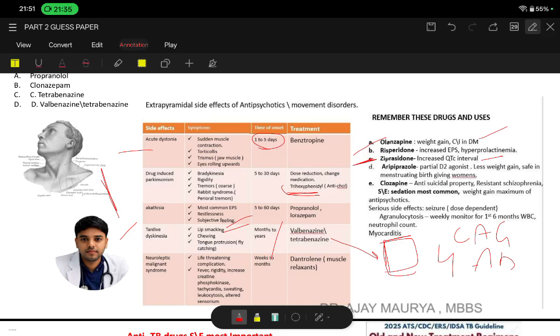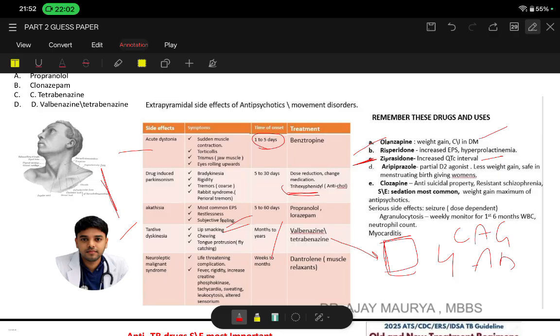And which drug is best for women who want to become mothers and who are of menstruation age, which one is not causing any weight gain, and which is safer in pregnant women, meaning it will not disturb the menses?